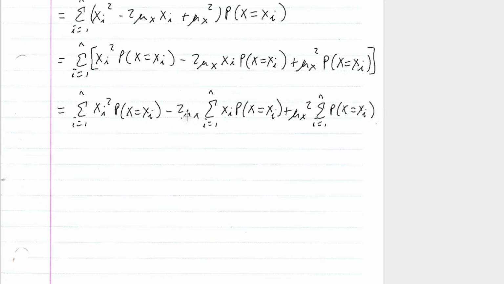Because 2 times mu of X is a constant, we can take it out, because all these terms will have that, so we just factor it out. And then mu squared is also a constant in all these terms, so we can factor that out.